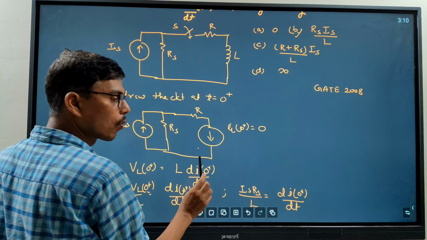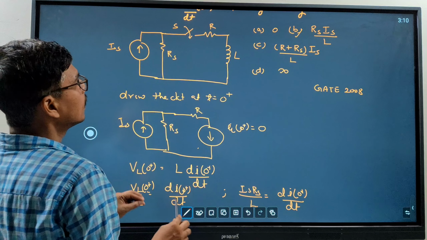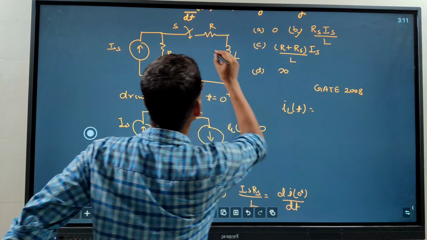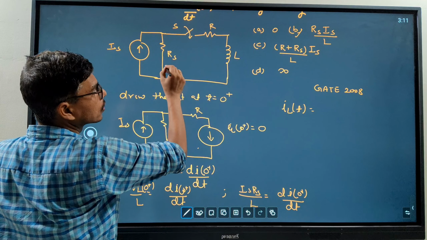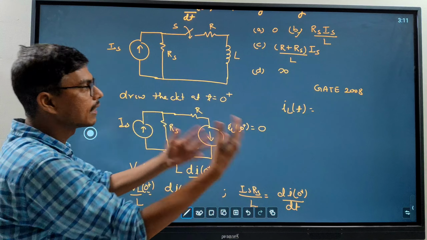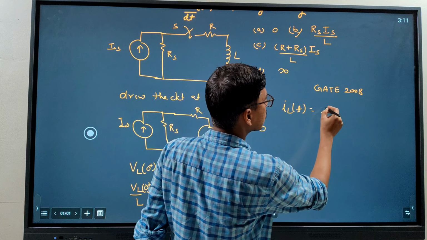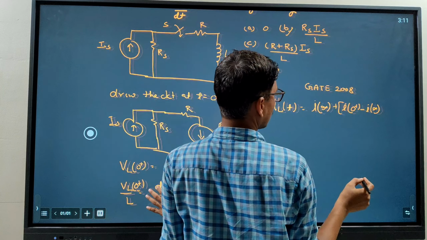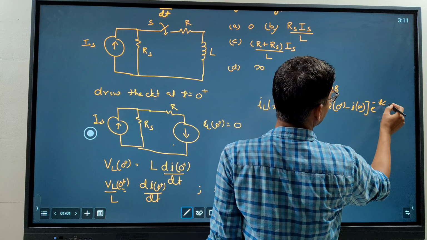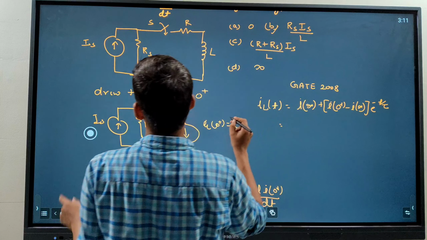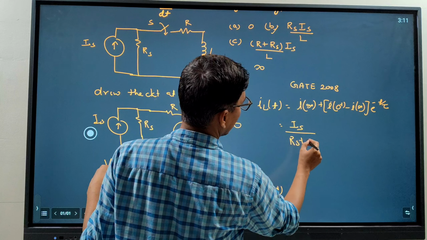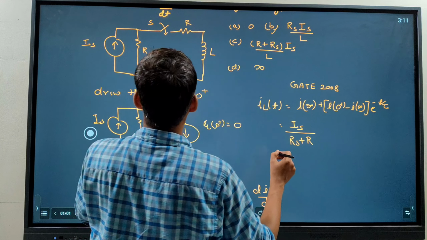One method is this. The question has been solved. The other method could be to write the expression of the current iL(t) after the switch is closed. After the switch is closed, the current is initially zero. It is a rising current. The generalized expression is I infinity plus (I(0+) minus I infinity) e to the power minus t upon tau. Here I infinity is Is by Rs plus, using the current division rule.